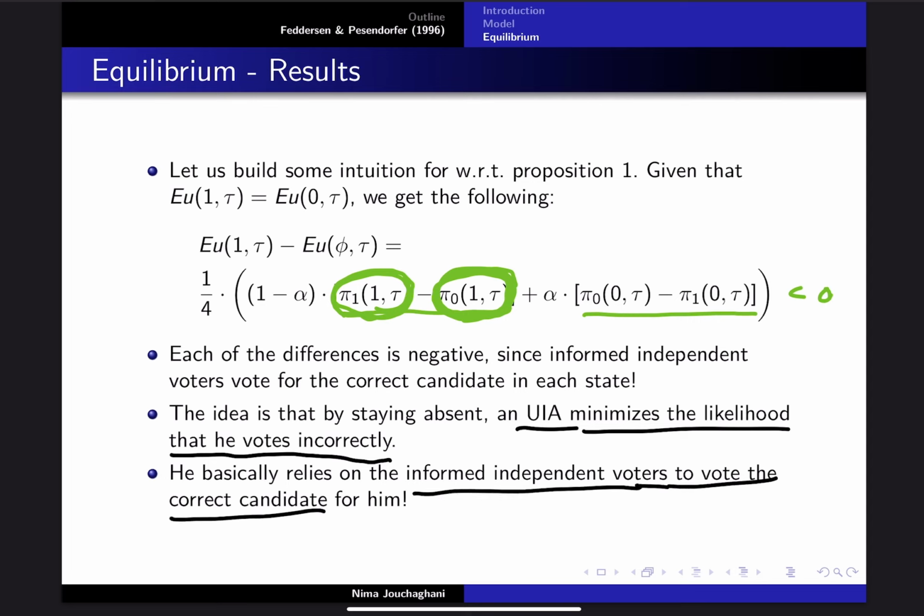That's the reason why the agent is rather staying absent than voting for either of the candidates, just to make sure that he minimizes the likelihood of voting incorrectly. So that's the intuition behind proposition 1.